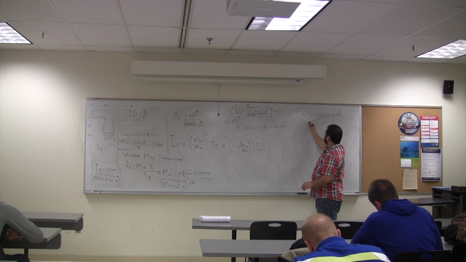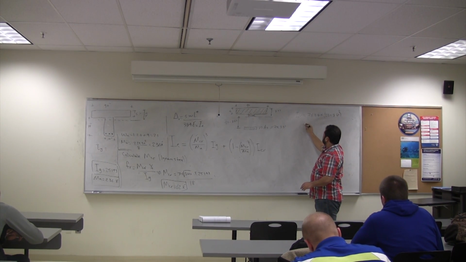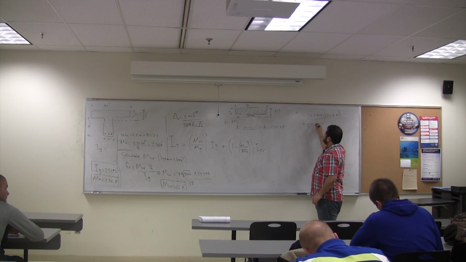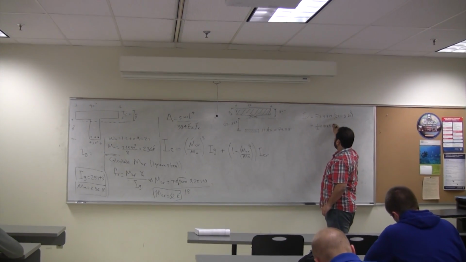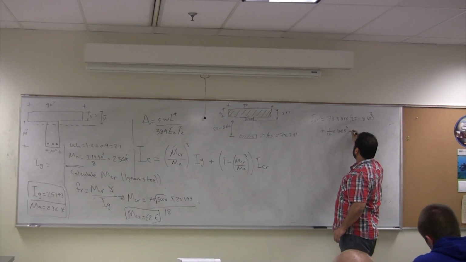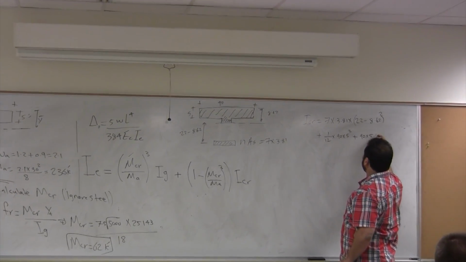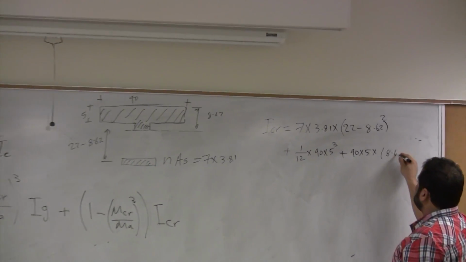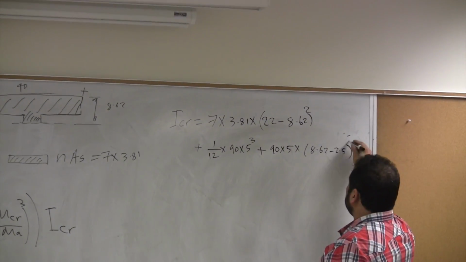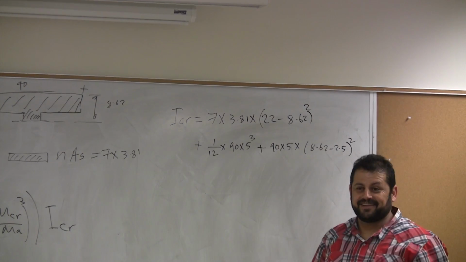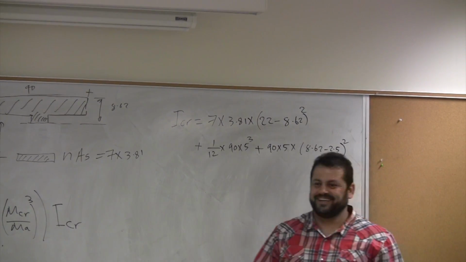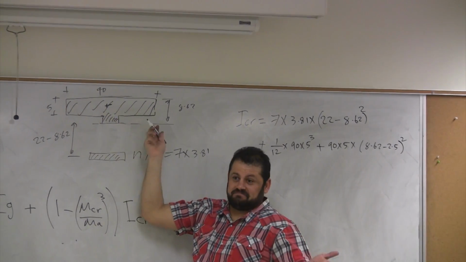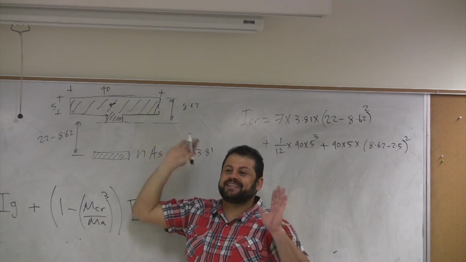Let's take the top piece. The top plus 1 over 12 times 90 times 5 cubed plus 90 times 5 times 8.62 minus 2.5 squared. Distance from this to this. Right? We did not take it the other way.